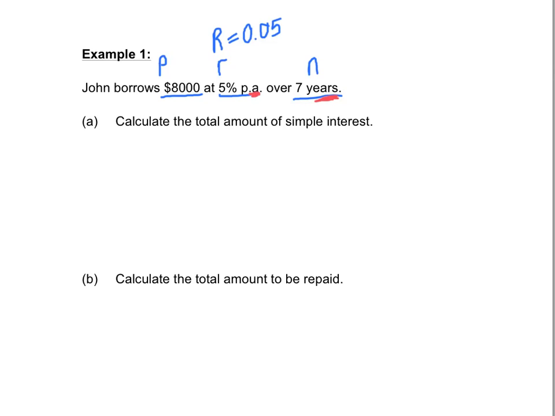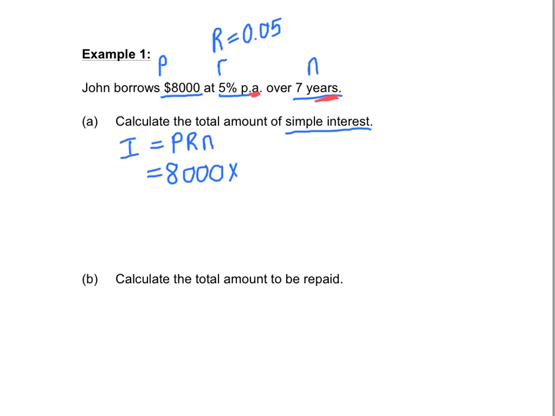Question A. Calculate the total amount of simple interest. I write down the formula for simple interest first. I equals P times R times N. Now I substitute the values I have highlighted. The principal is $8,000.